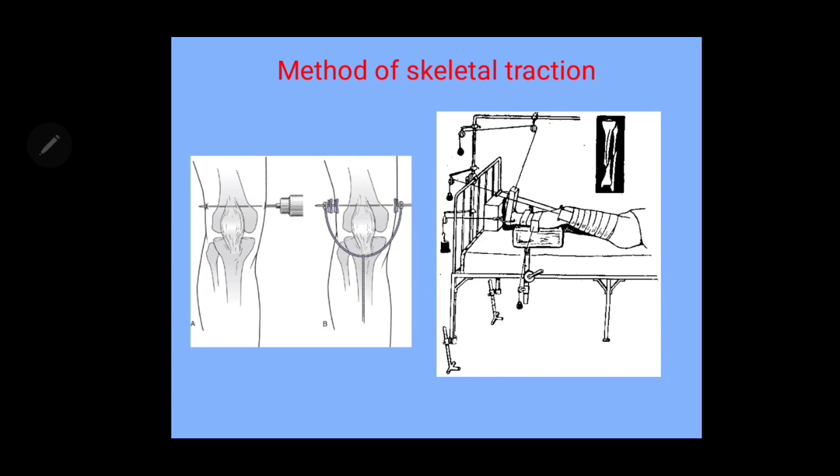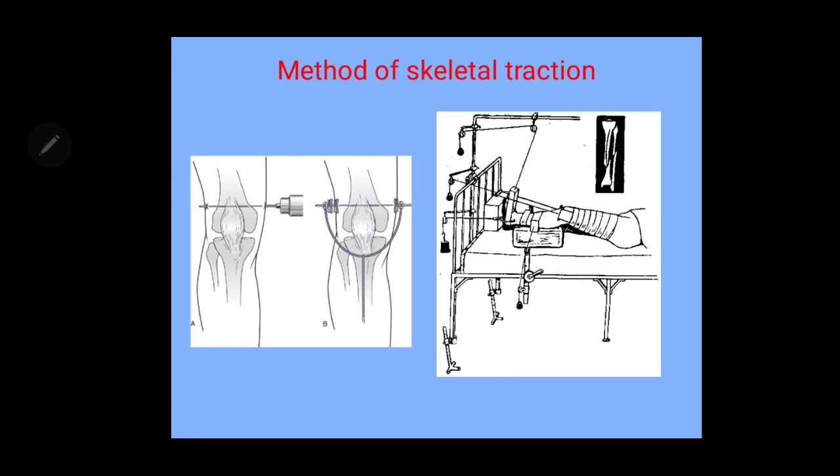It is usually applied distally from the fracture site. If the femur is broken, we usually apply skeletal traction through the supracondyles of the femur or through the tibial tuberosity. If the tibia is broken, we usually apply skeletal traction through the calcaneus.